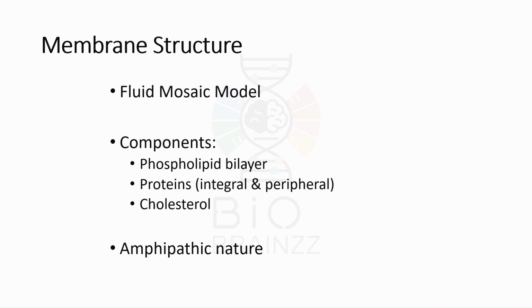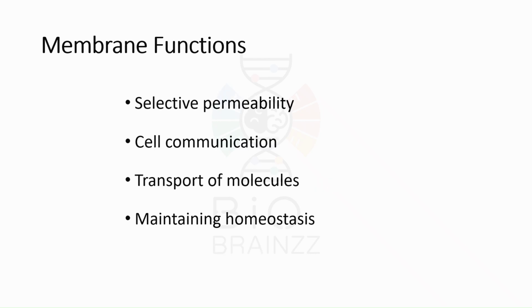The main structure is a phospholipid bilayer, where phospholipids are arranged with hydrophilic heads outwards and hydrophobic tails inwards. Proteins can be integral or peripheral, and cholesterol helps in maintaining fluidity. The phospholipid is the key concept here, and it is very important for exam.